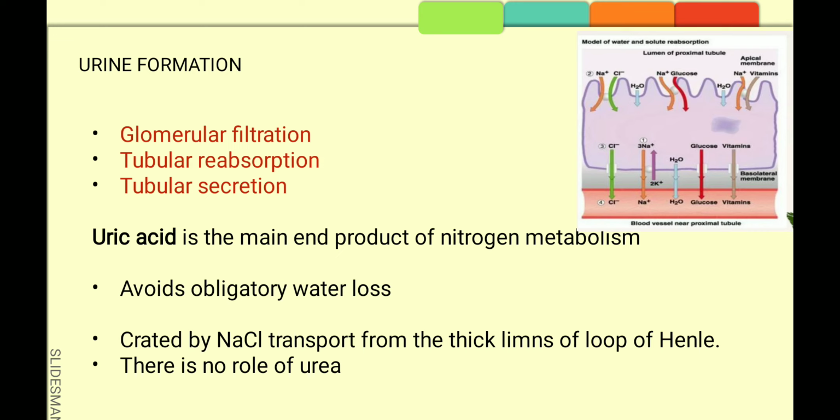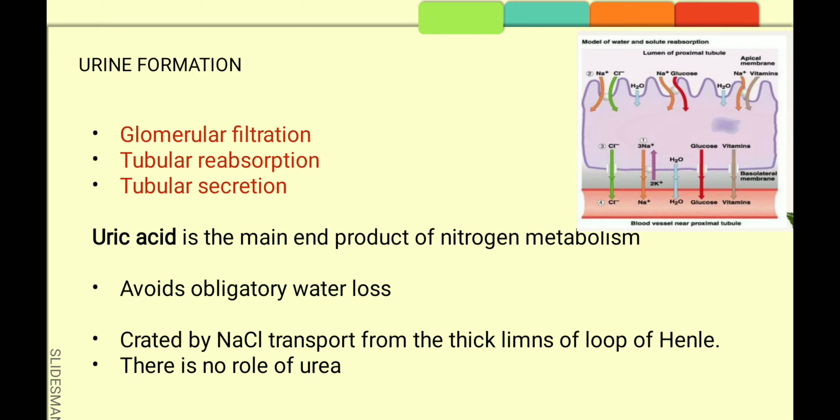Glomerular filtration is where the fluid pressure forces water and dissolved substances from the glomerular blood to Bowman's capsule. The filtration, po, is averaging 125 ml per minute from 2 kidneys, and more than 99% must be returned to the blood.